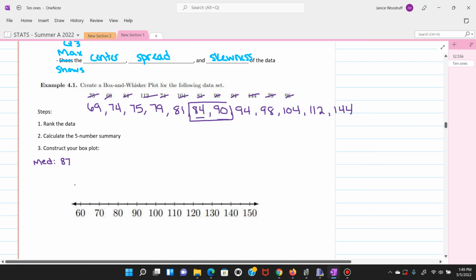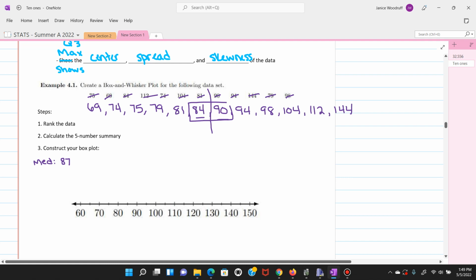Then we want quartile 1. So now with an even piece of data for my quartile 1, I'm going to split it between these two values. Okay, so now I want the median of this bottom piece of data right here.